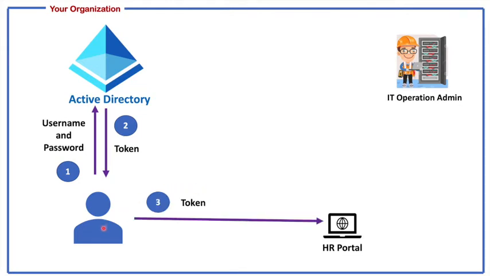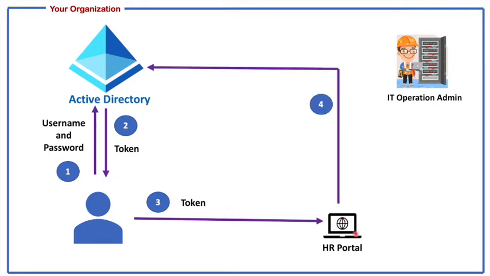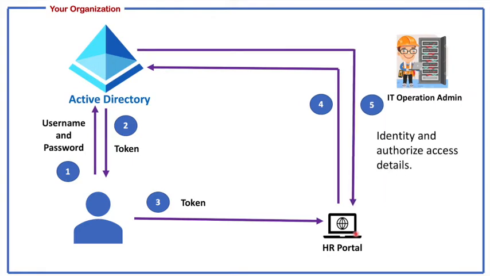Once this employee gets the token, he will send the token to the HR portal. The HR portal exchanges this token with the Active Directory to see whether the token is valid or not, and also to get what resources this employee has been authorized for. So this identity and authorized access detail, the HR portal server will get it. And now they will validate the token.